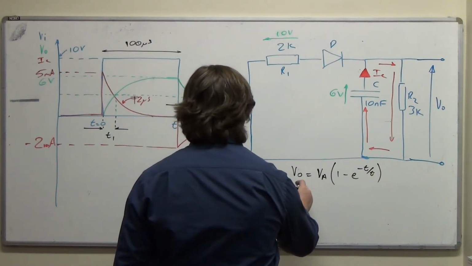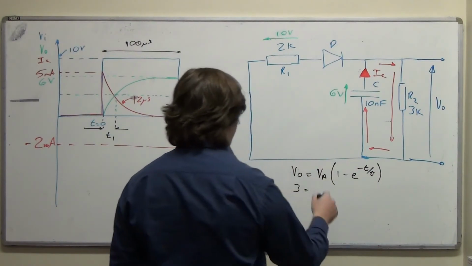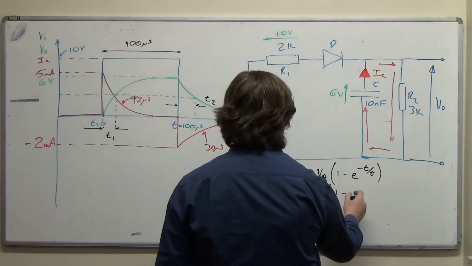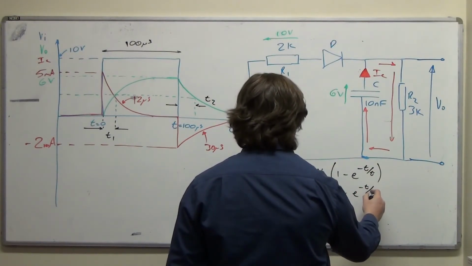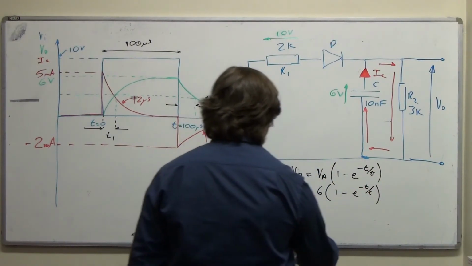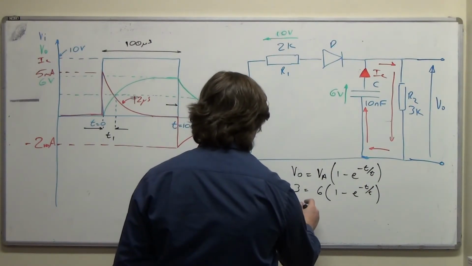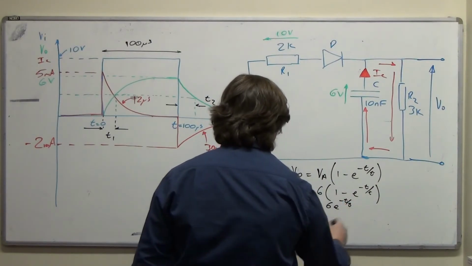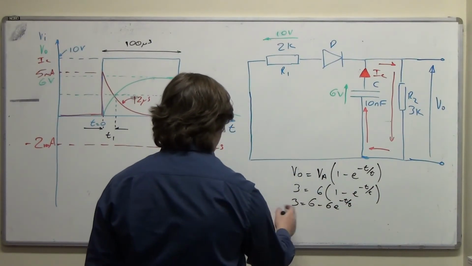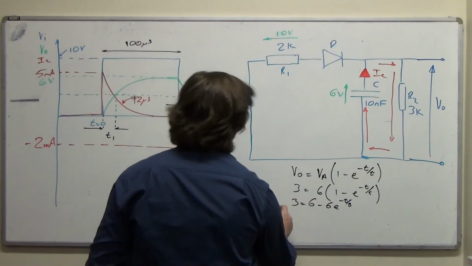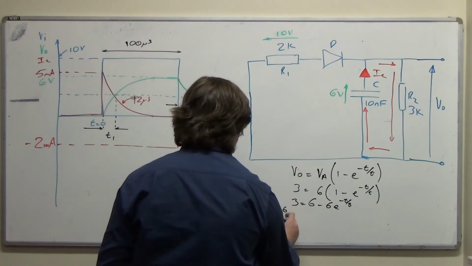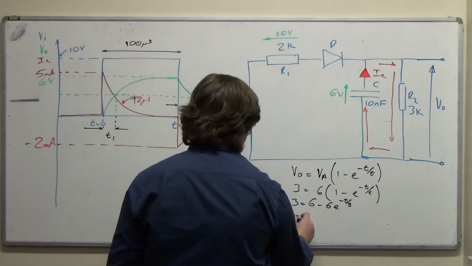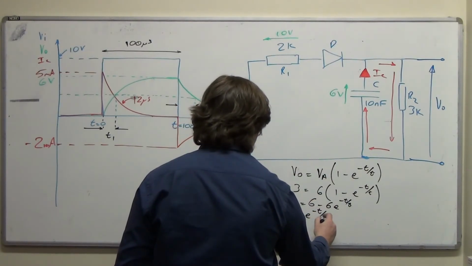So we're after 3 volts, that's half of 6, equal to 6 times 1 minus e to the minus t upon tau. Multiplying through by 6, 3 is 6 minus 6 e to the minus t upon tau. We'll subtract 6 from both sides, which will give us 3 minus 6, and divide through by minus 6 as well, equal to e to the minus t upon tau.